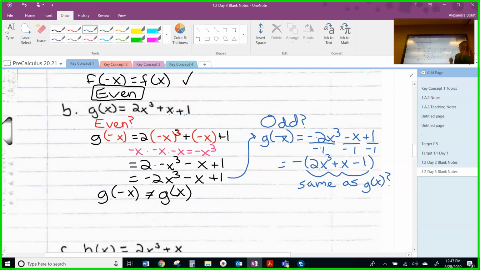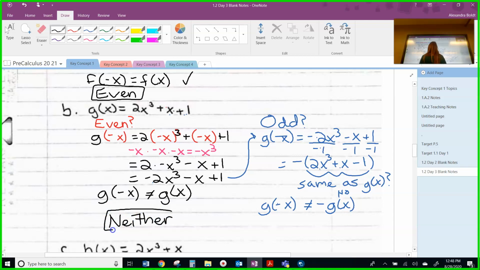So no. So I can say g of negative x does not equal the opposite of g of x. So this function would be neither. It is neither even nor odd.